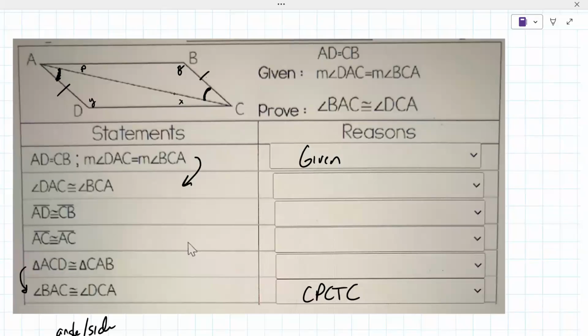They're saying the angle measures are the same, so therefore the angles are congruent. It's kind of like the lengths. If they're congruent, they have the same lengths. So the reason here has to have some wording about congruence, same measure, same length. They have the same measure, so they are congruent.